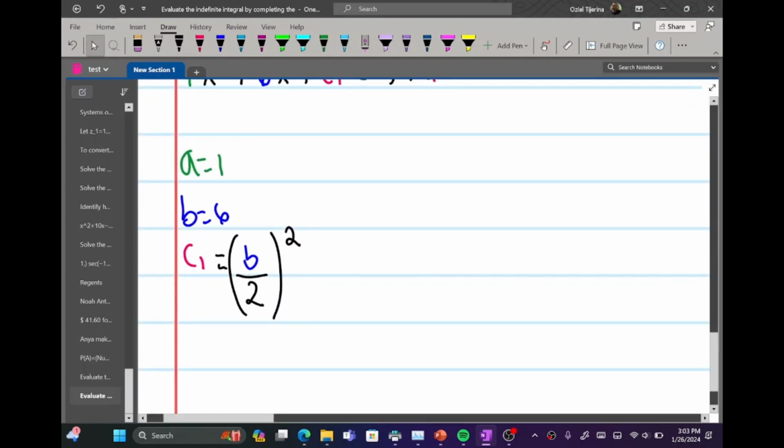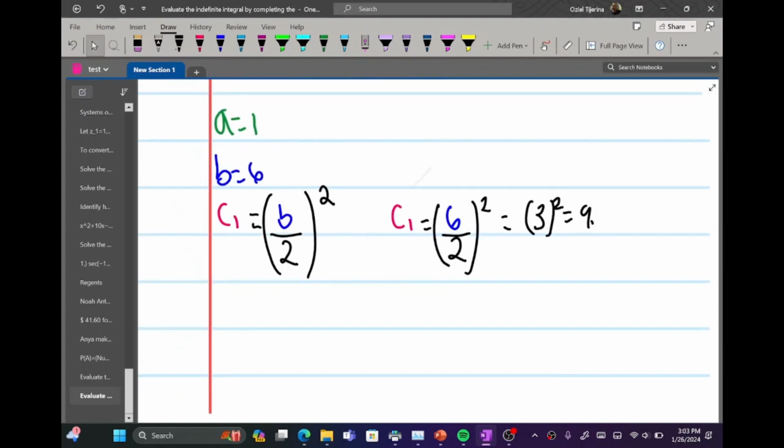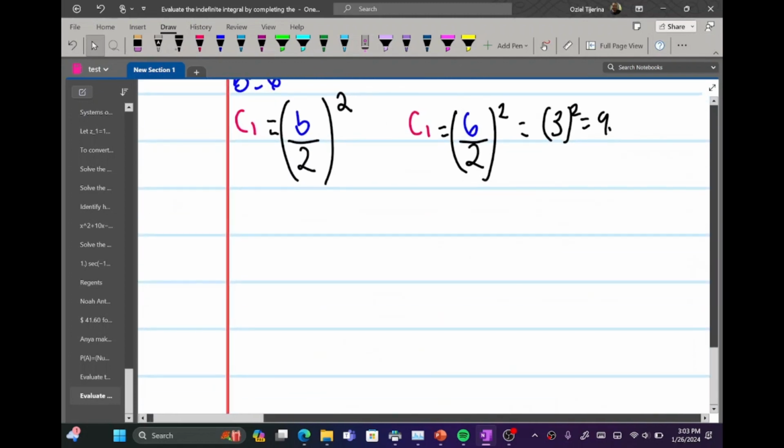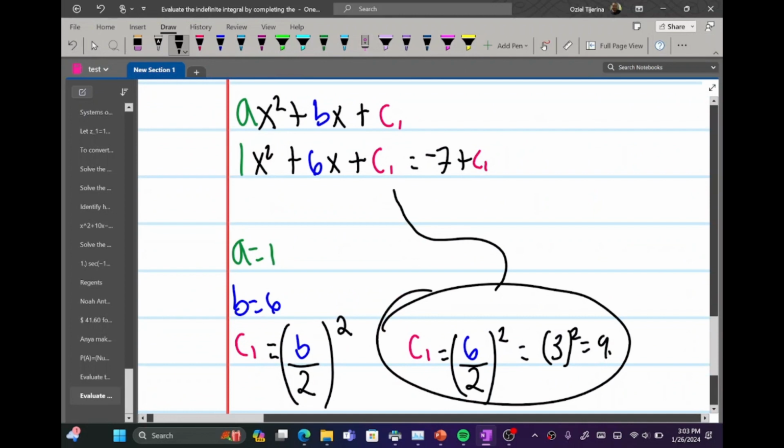So for my third term, C1 is equal to 6 over 2 quantity squared, which is equal to 3 squared, which equals 9. So I know that is what will go in for this.